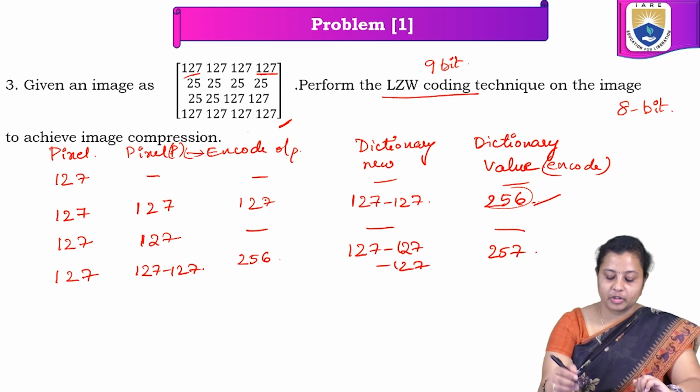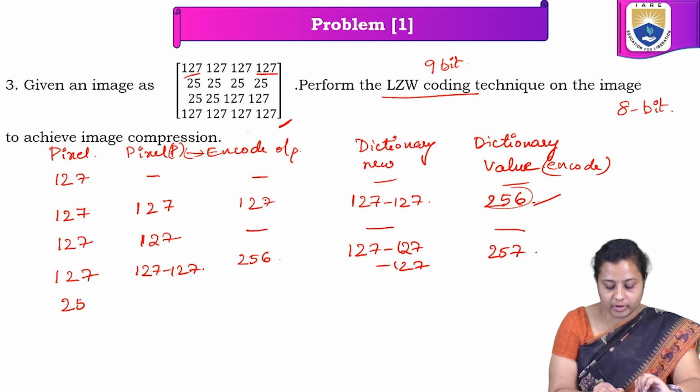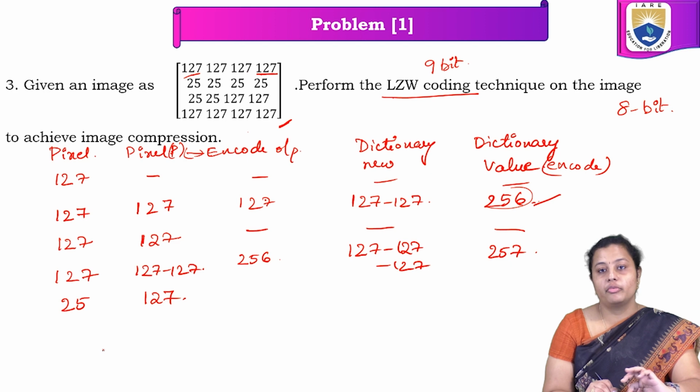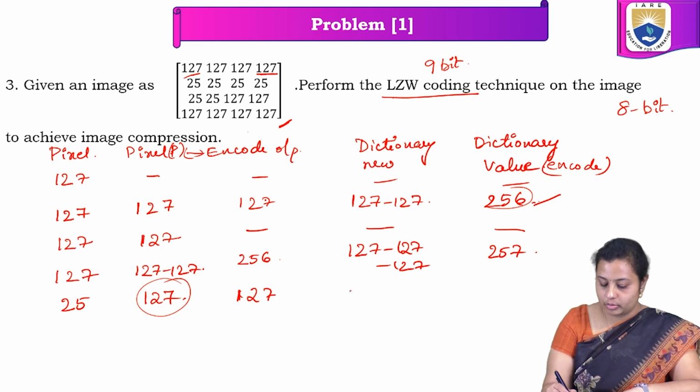Right? Now, let's go to my next value, which is equal to 25. What is the pixel which I have to encode now? It is equal to 127. So what will be my encode output? It will be 127, because this is the pixel which we are trying to encode, right? Do I have the combination of 25 hyphen 127?